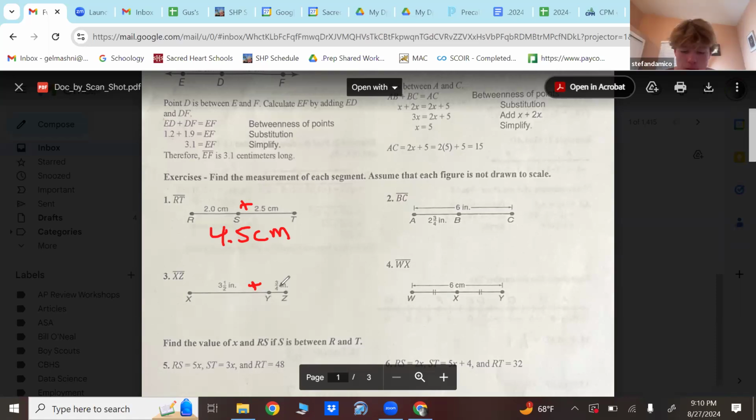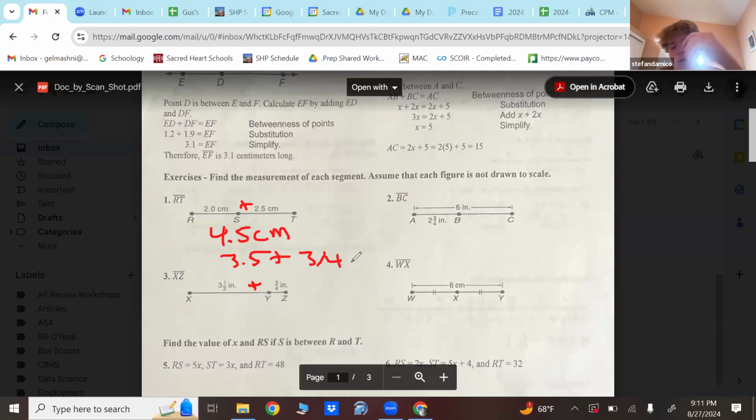Plus 3.75 for 7.25, so 7 1/4. No, you're doing 3.5 plus 3/4.